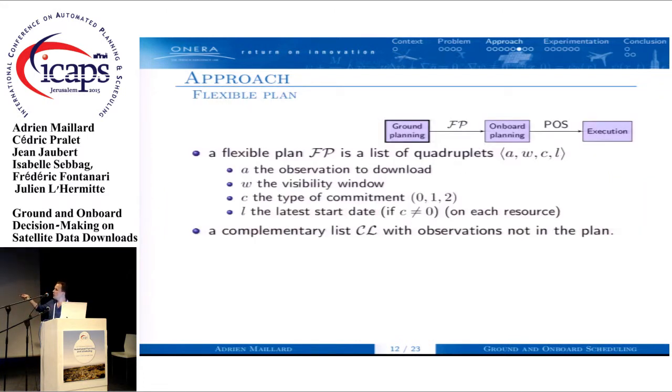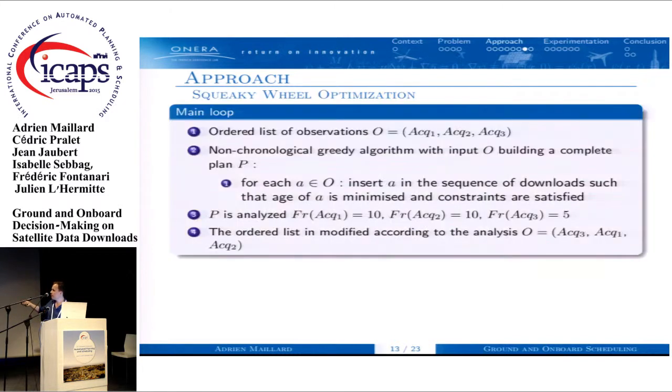And then we transform a complete plan like you have seen into a flexible plan. So we just remove all the unnecessary information, and we will recompute a plan on board. But with this plan done on the ground, we will have much less computation to do on board.